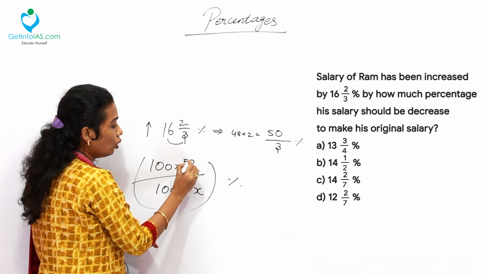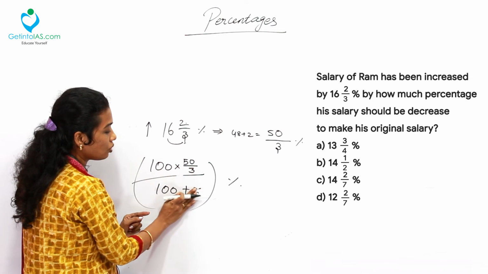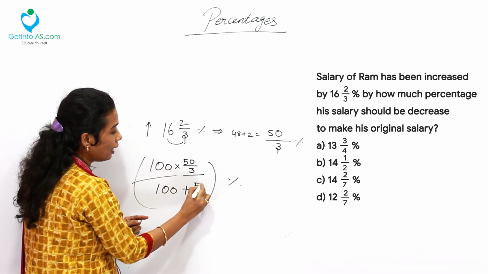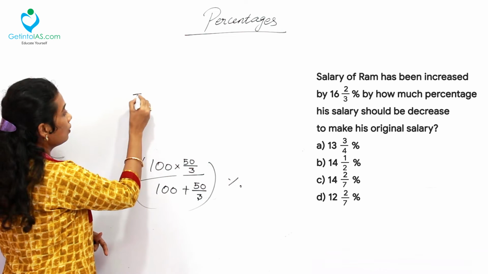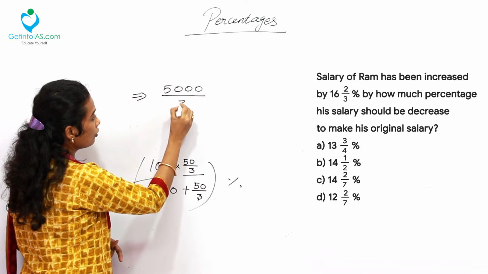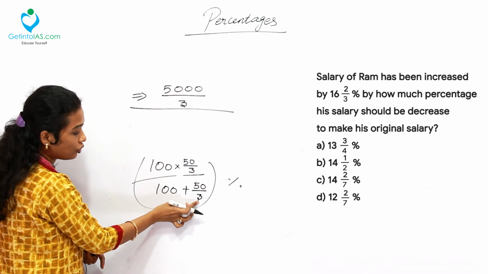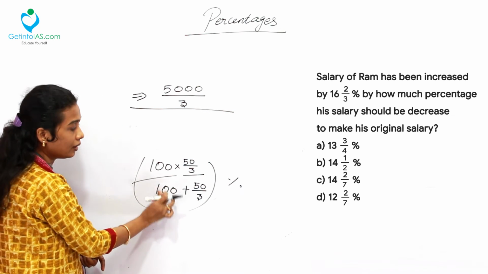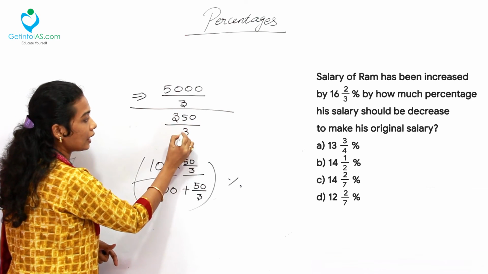So 100 into 50 by 3. In the denominator 100 plus x. So 100 plus 50 by 3. Now you can solve this, which is equal to 5000 by 3 divided by, here I am adding up. So 3 into 100, 300 plus 50, 350 by 3.